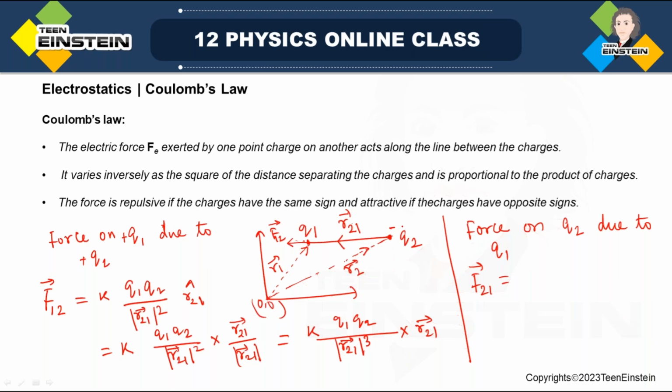The direction of the force will be in this direction. So I can write R12 or negative of R21, whatever we think. So we will write directly here Q1 Q2 by, let us say this is mod R12 whole square. We can write directly as cube here.